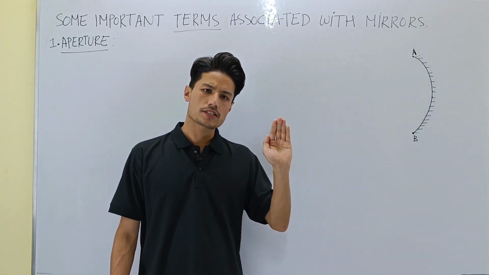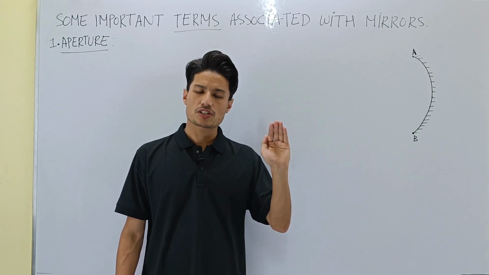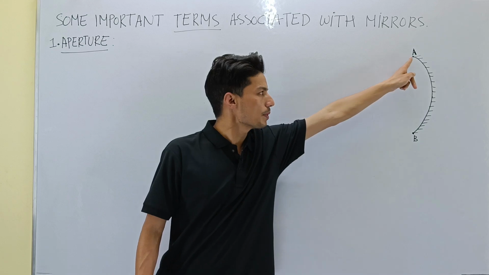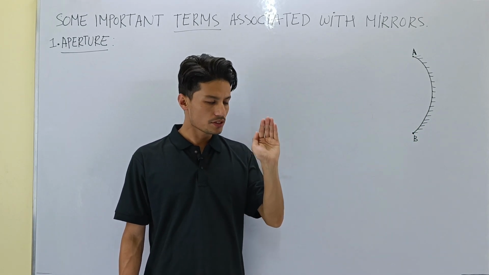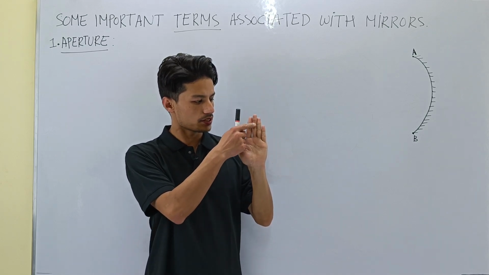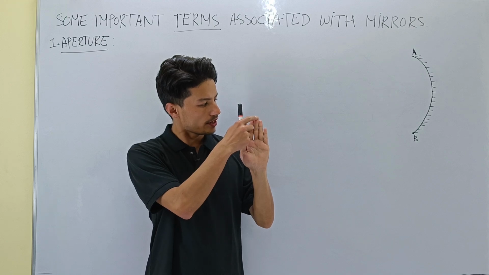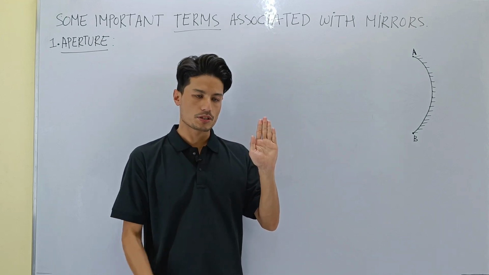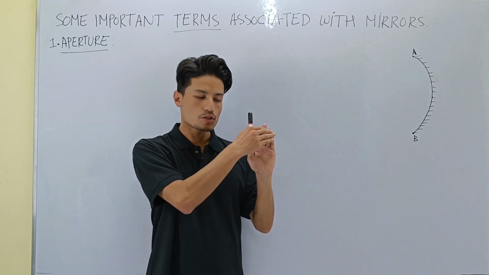Aperture is the part of the spherical mirror from which reflection actually takes place. See, reflection will take place on these surfaces, is it not? If I keep my hands like this, from the top to this part, every part of my hand, reflection will take place because light hits these spots.